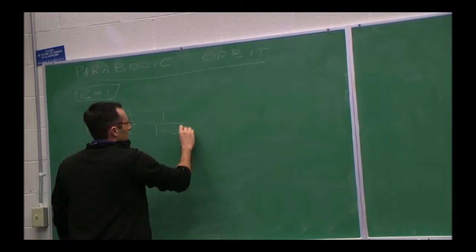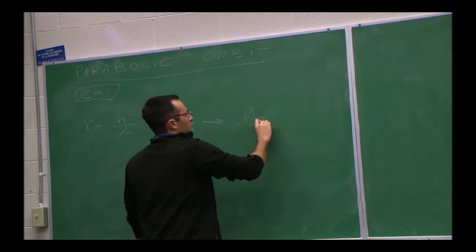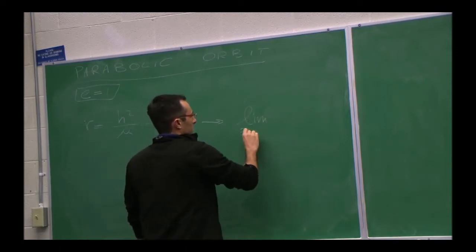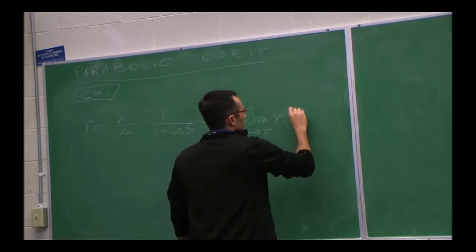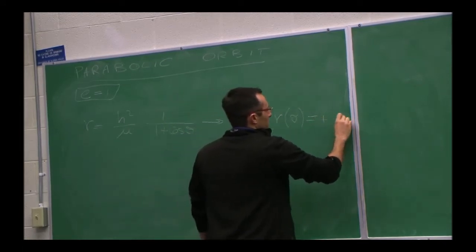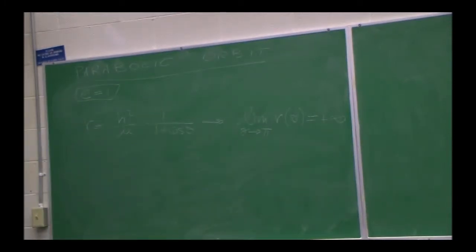The e goes to 1, which means that, if we want to be formal, the limit for the true anomaly that goes to pi of r, which is a function of theta, is plus infinity. So now you don't get a closed curve anymore. This doesn't come back.